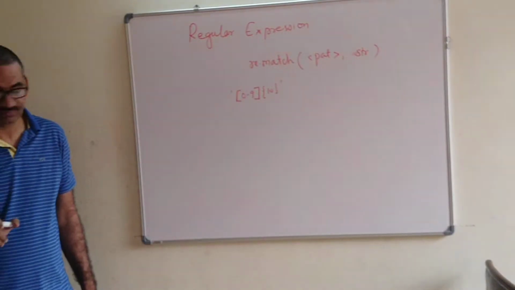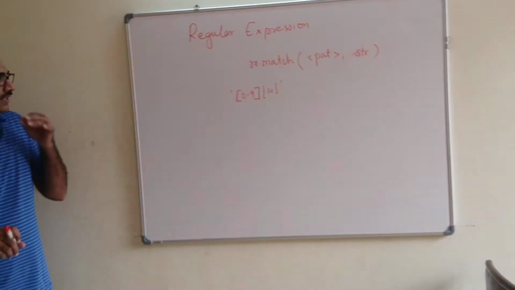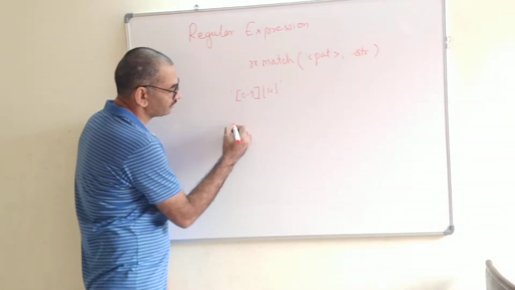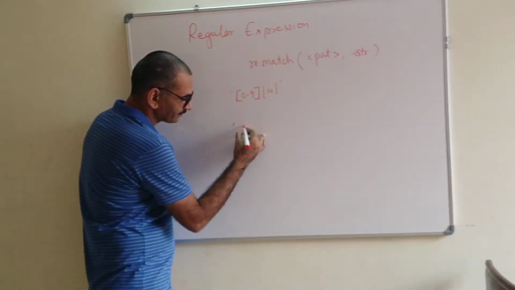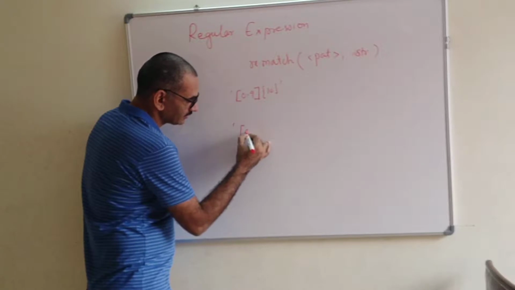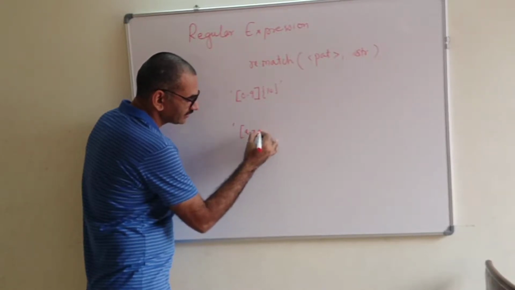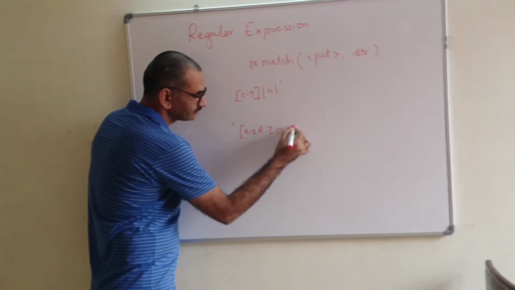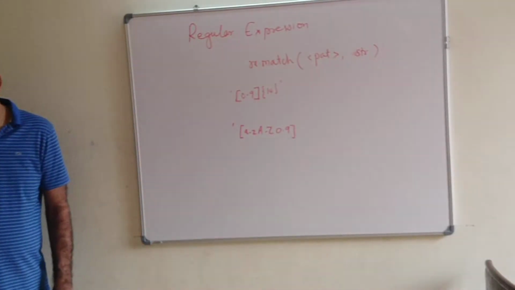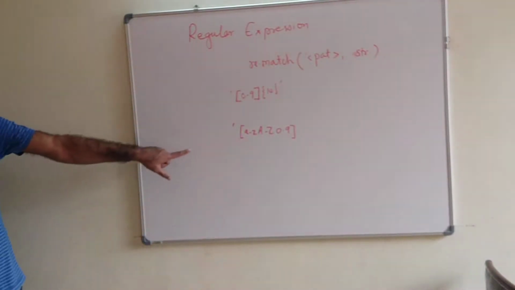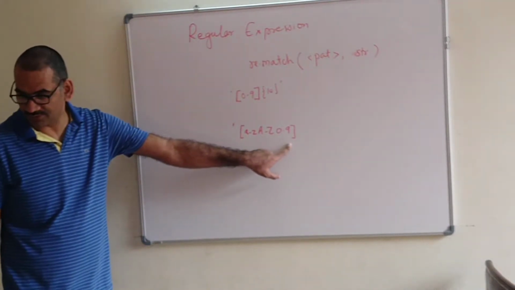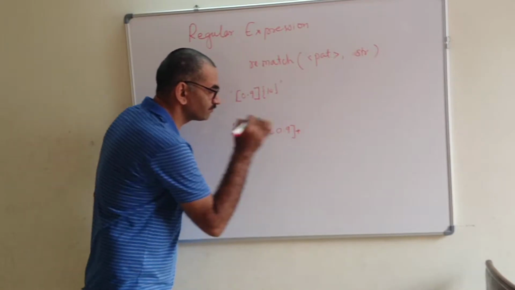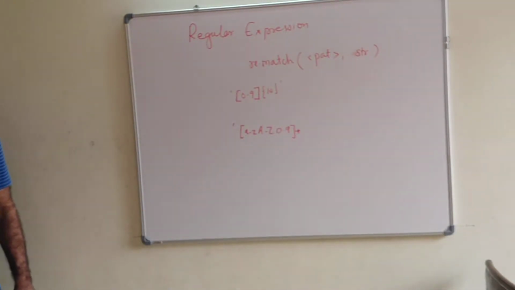Now let's say I want to find an email. What will be the pattern for email? It will be any alphanumeric, just look at it, any alphanumeric, plus, which means it is important that it is there.